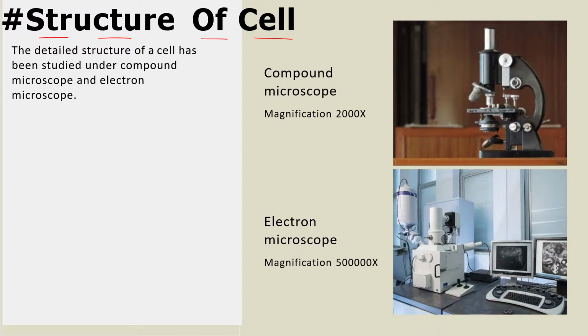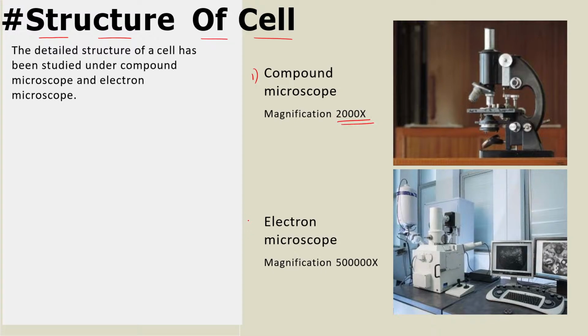Details of the cell structure can be seen under a compound microscope and under an electron microscope. What is the magnification power of a compound microscope? It can zoom up to 2000 times.